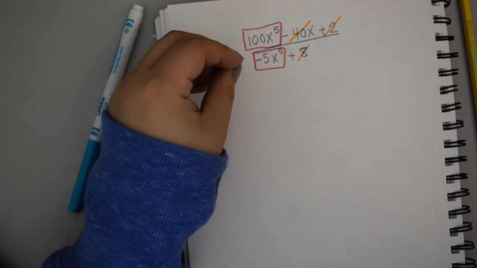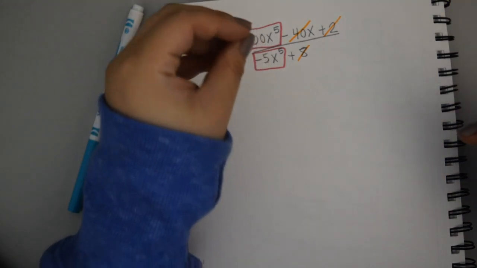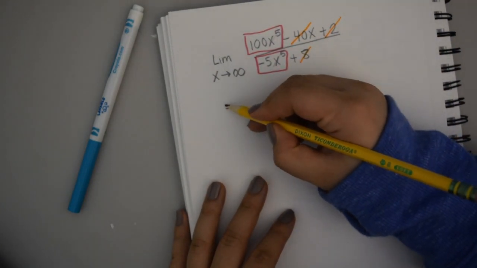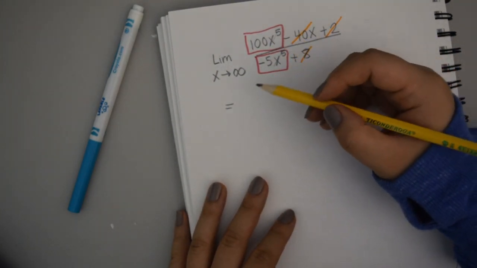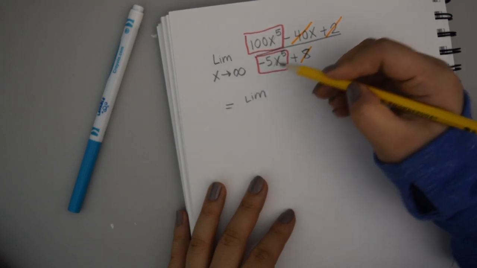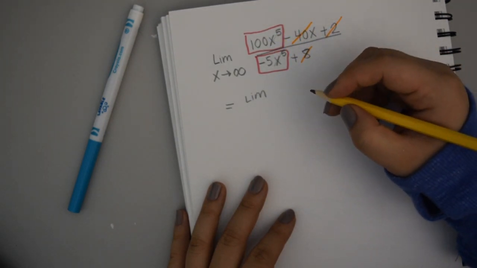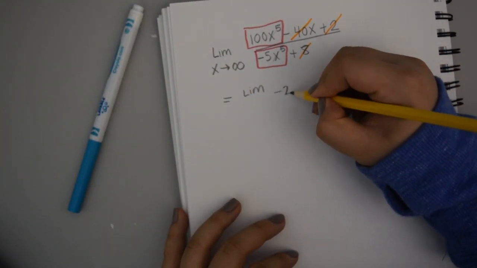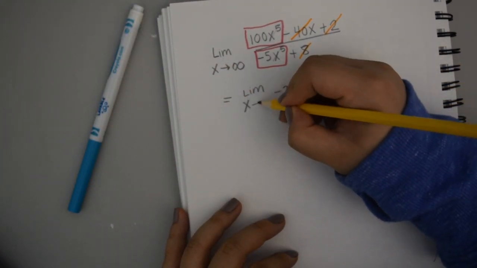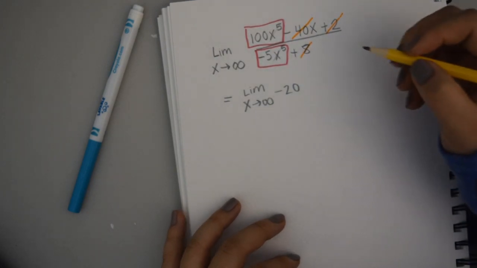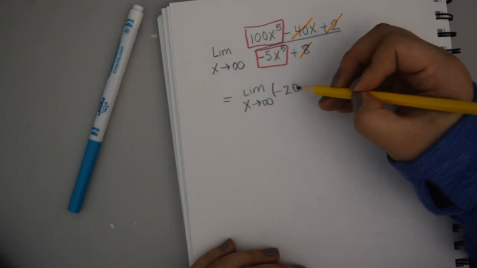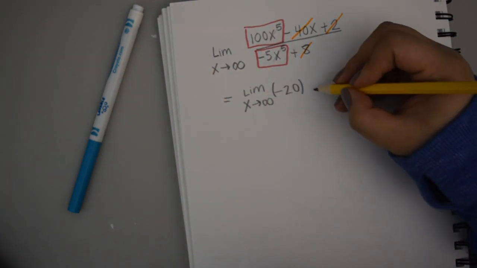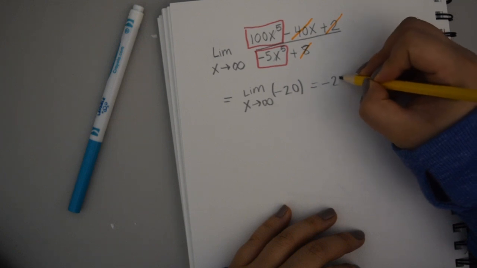So they're basically increasing at the same rate, which means they just cancel out. Which means this limit is just the limit of 100 divided by negative 5. So you have a positive divided by negative, so just negative 20 as x approaches infinity. And we've already done limits of a constant function, right? So just negative 20. That's it.